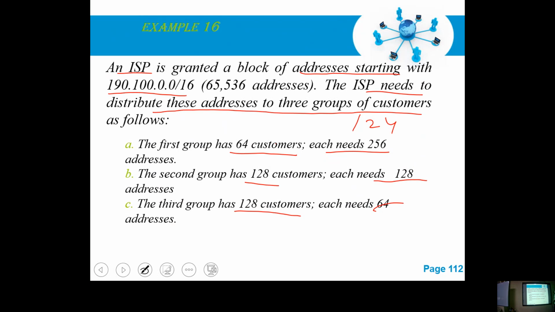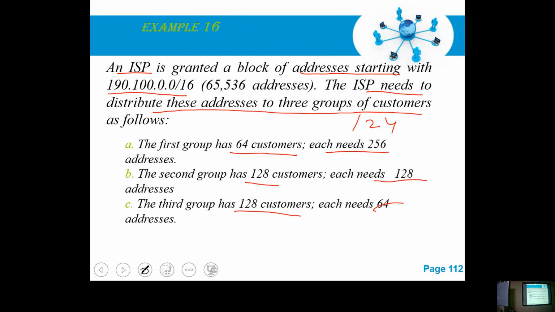This case, I need to have 128 addresses in each. 23 means I'll have 512. See, 128 groups are there. Each group should have 128 addresses.